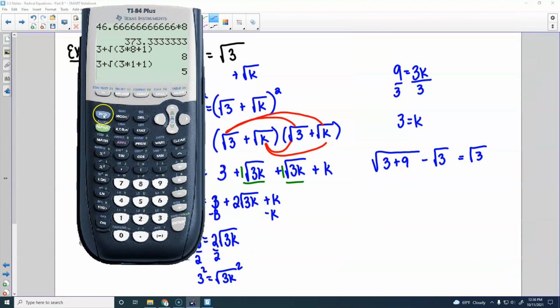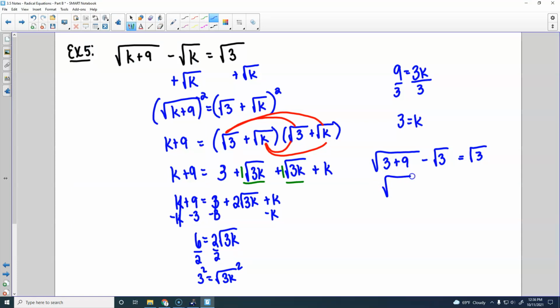I could use the calculator, but I'm going to do it this way. That's the square root of 12 minus the square root of 3. 12 breaks down into 2 root 3, minus root 3. That's like 1 root 3, so the square root of 3 equals the square root of 3. Or you can type it in the calculator and see if you get the same decimals.